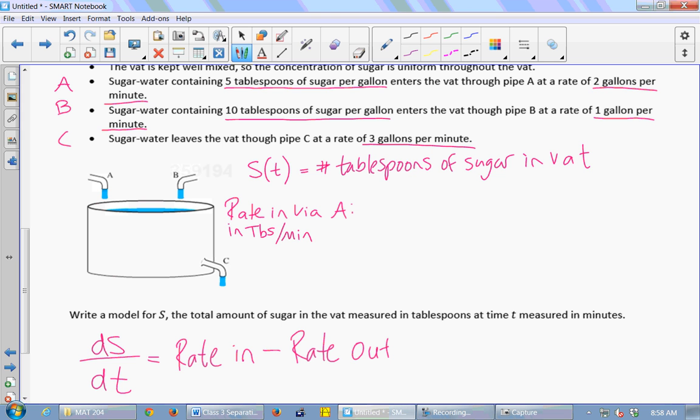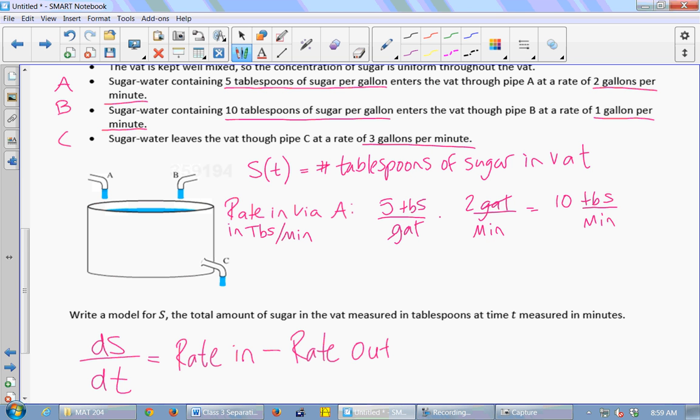You're right. So for A, if we do a little unit analysis, we can say 5 tablespoons per gallon, and if you multiply by 2 gallons per minute, the gallons cancel and you end up with 10 tablespoons per minute.